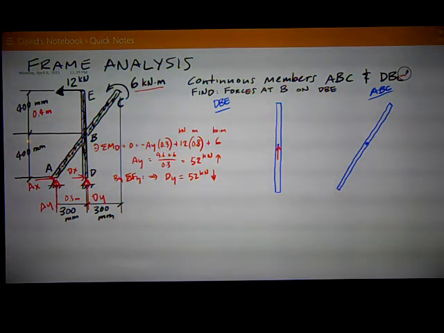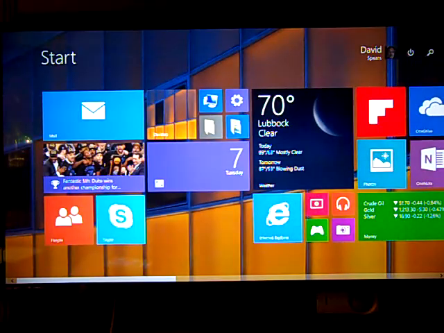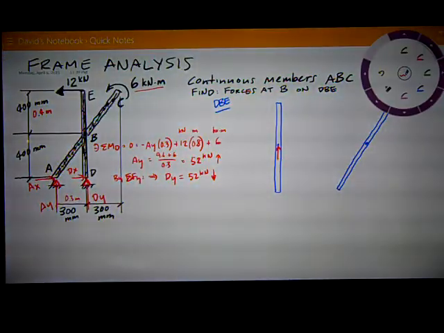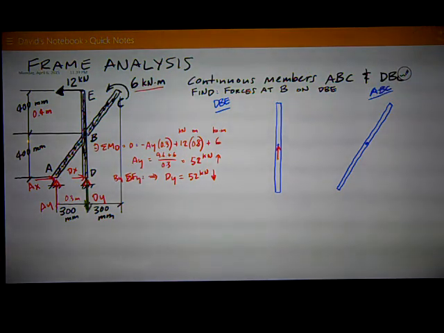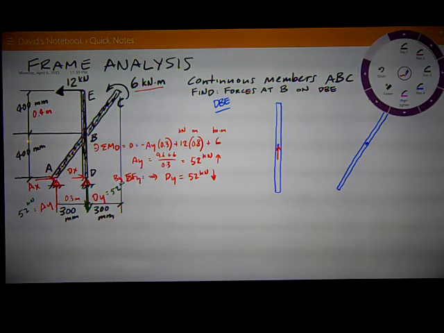I want to correct this one, DY, in green. DY is really 52 down, and AY is 52 up, like I assumed it. So therefore, I want to put those on these free body diagrams of the parts DBE and ABC.